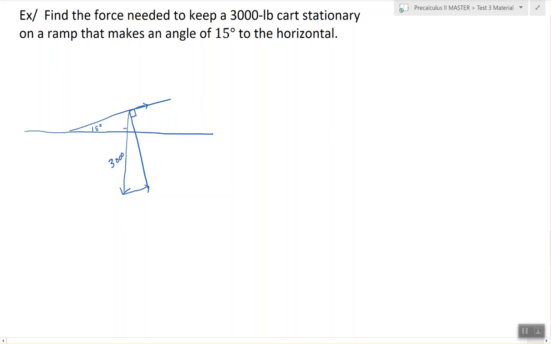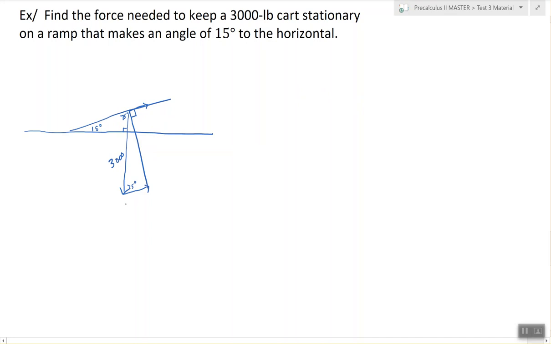And this is at a 90-degree angle. So if that's a 90-degree angle and that's 15, that means that this is 75 degrees. Knowing that we have parallel lines and a transversal going through, this is also 75 degrees there.